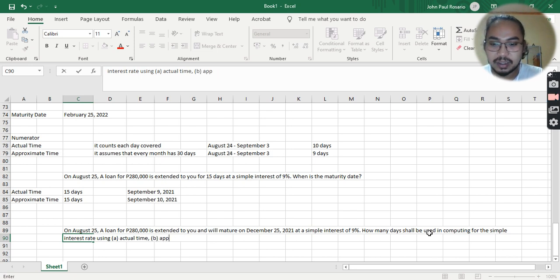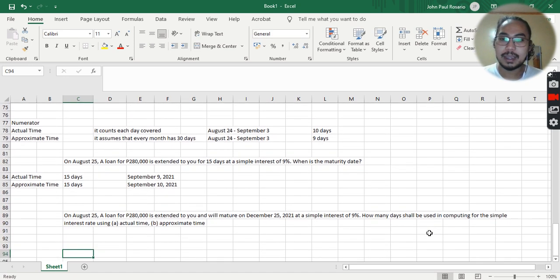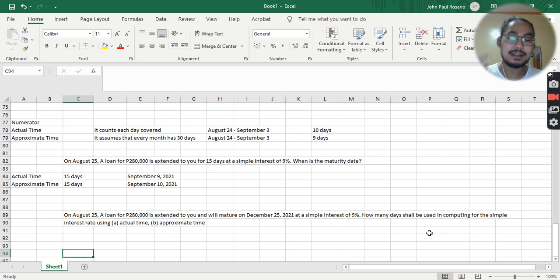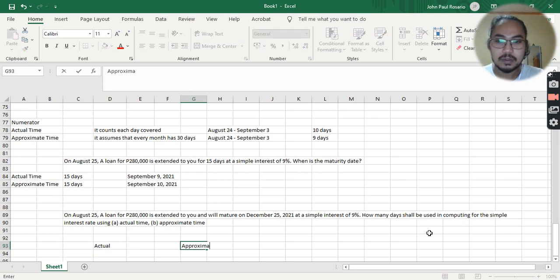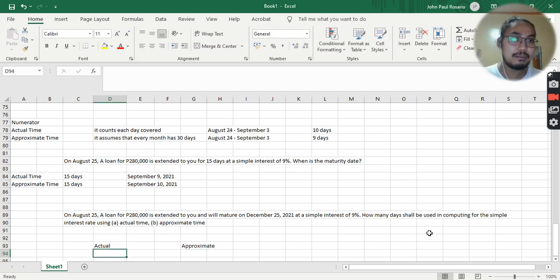So again, remember that for actual, we count the actual number of days. For approximate, we only assume that the number of days is 30.